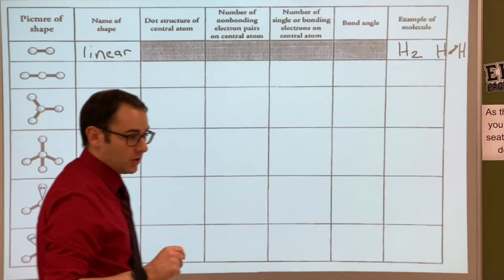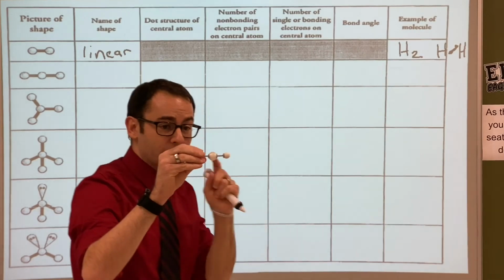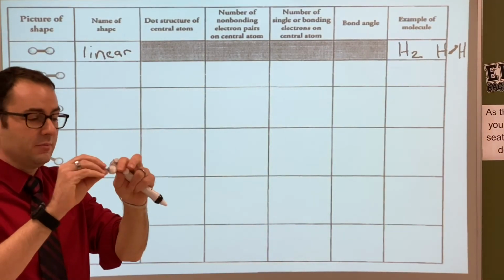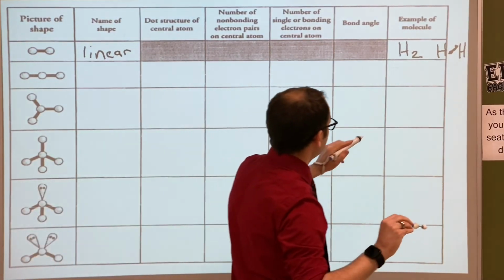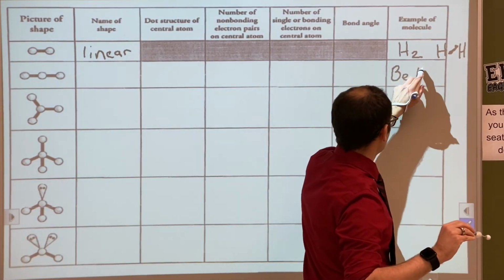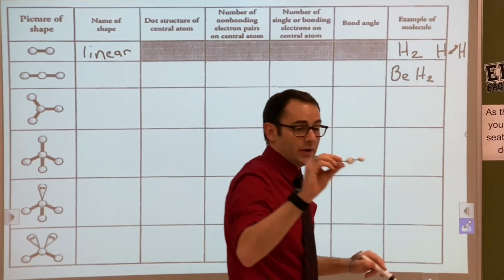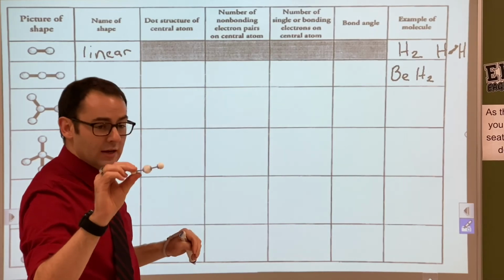The next one looks like this here, and I 3D printed the middle part because we didn't have one that really worked well with this. This is going to be beryllium, and then we're going to bond 2 hydrogens to it, and it's going to form this kind of shape right here. So our example is BeH2.